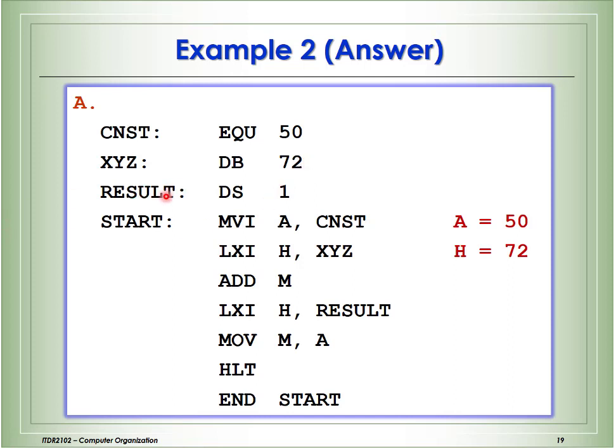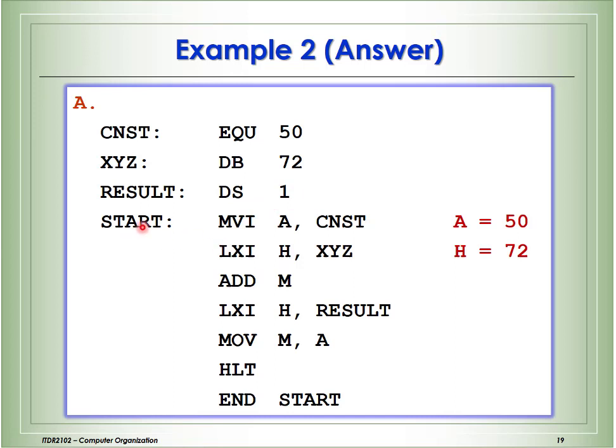And then here you see the result, and for result we again use a directive to define a memory location, which is again 1 byte.